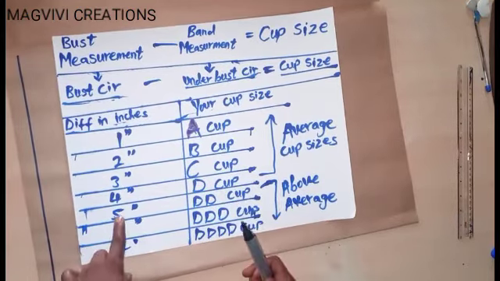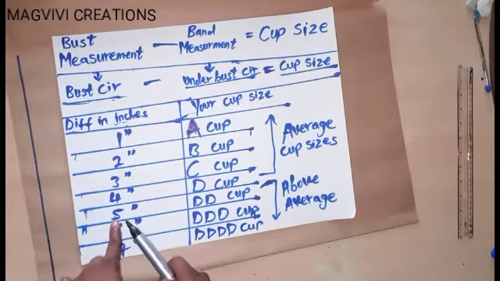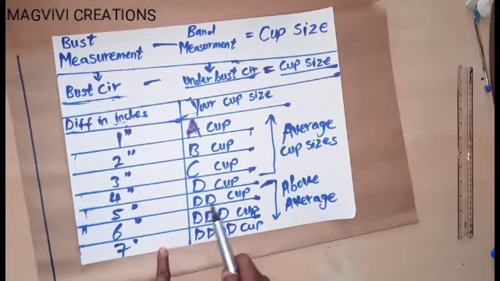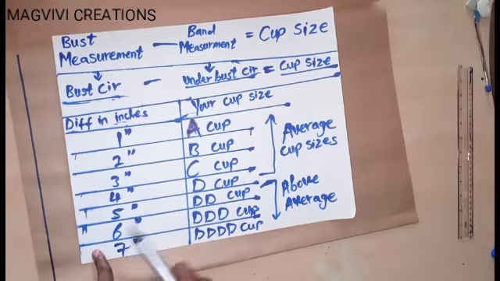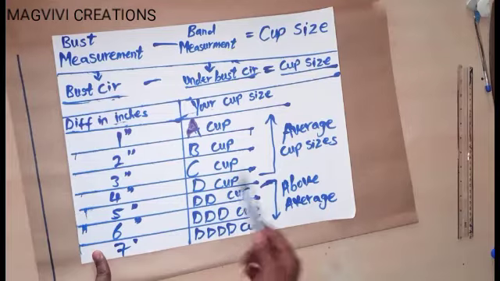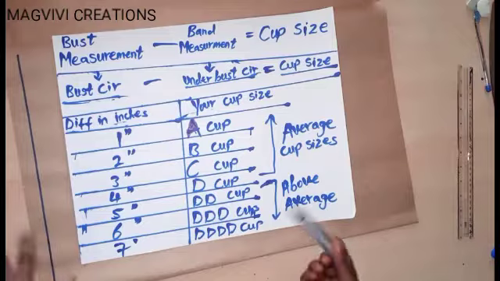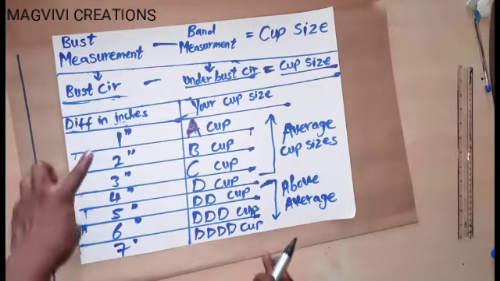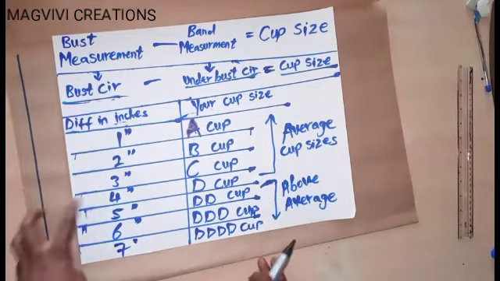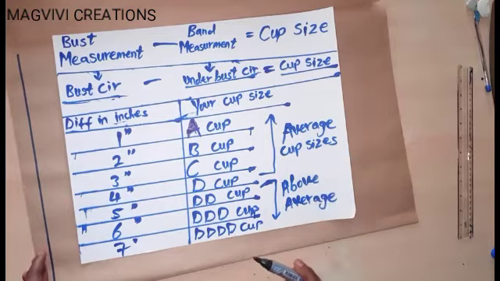From 5 inches, we have double D. So when the difference is 5 inches, we have DD cup size. 6 inches, DDD cup size. 7 inches, DDDD cup size. Sometimes they use E, F, G, H, and so on. But what I want you to notice here is this: from 1 to 4 is the average cup size.